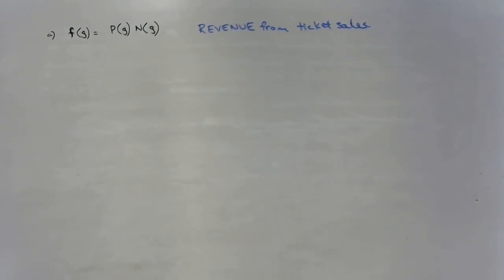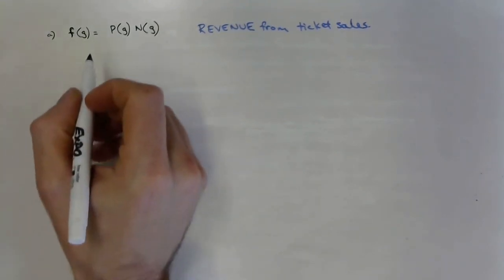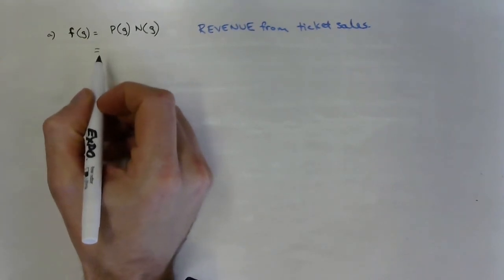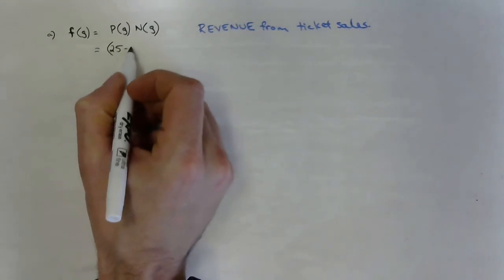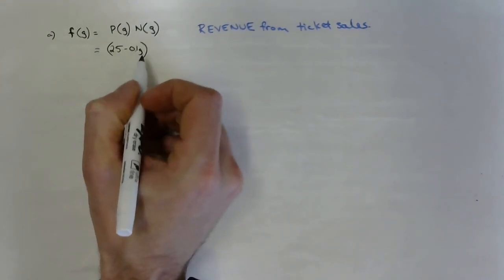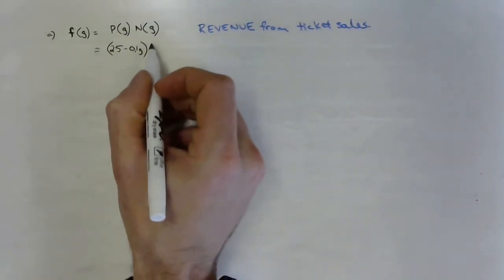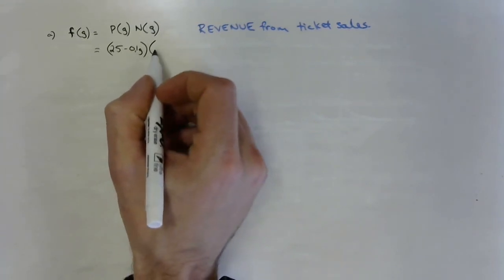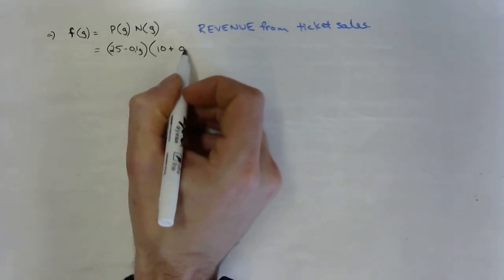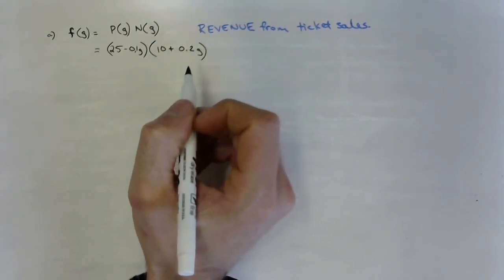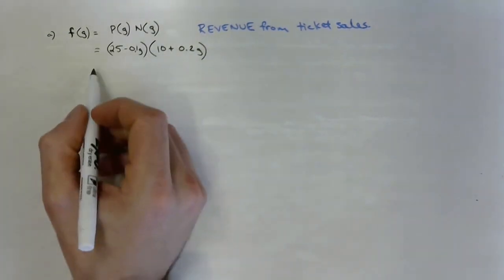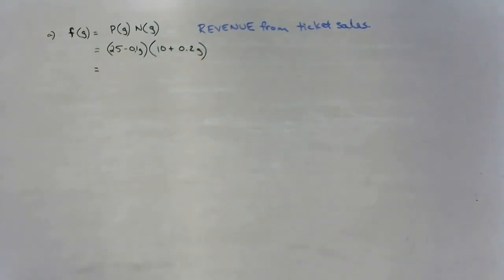Well, let's develop an algebraic model. So we're just going to sub in P of G, which is given as 25 minus 0.1 G, and N of G, which is given as 10 plus 0.2 G. And we expand that.